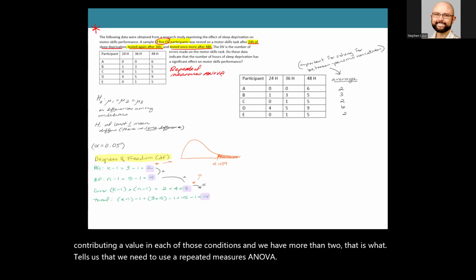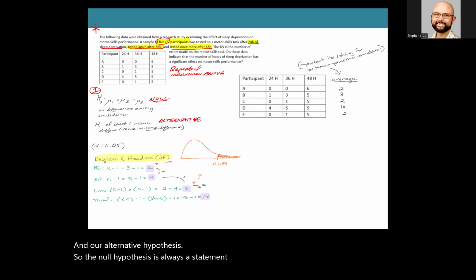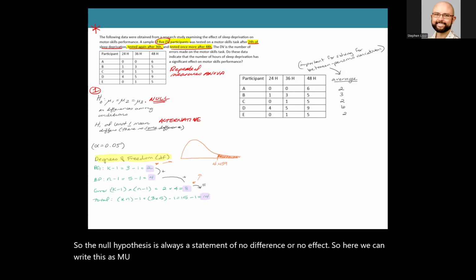All right. So the first step in our hypothesis testing is to list our null and our alternative hypothesis. The null hypothesis is always a statement of no difference or no effect. So here we can write this as mu1 equals mu2 equals mu3.